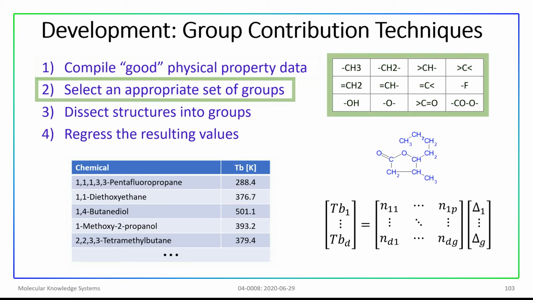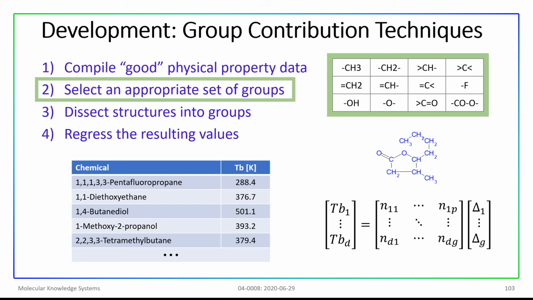In step 2, we need to select an appropriate set of groups. The main factor that must be considered is the molecular size of the groups we select. Groups with only a few atoms are broadly applicable, but they may not capture the underlying chemical behavior that is causing variation in physical property values.